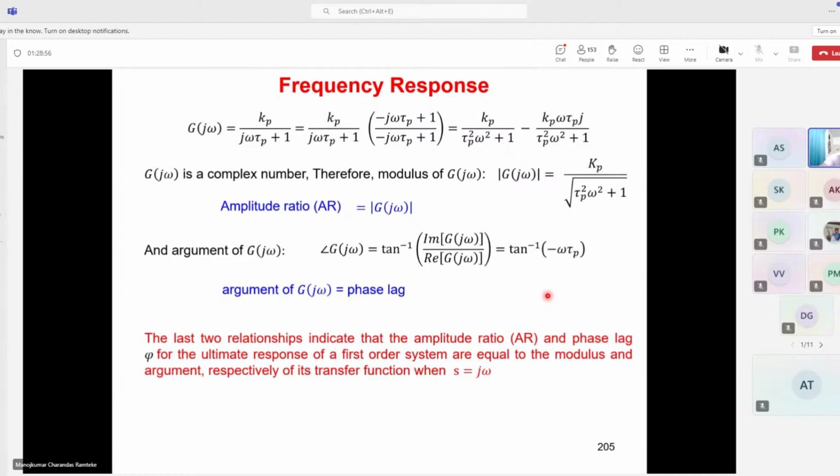Yes, sir. I will derive it. Just give me a minute. Okay, let me just do the derivation here. So what am I going to get?